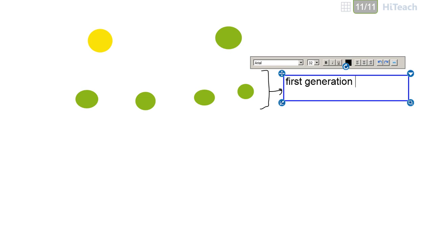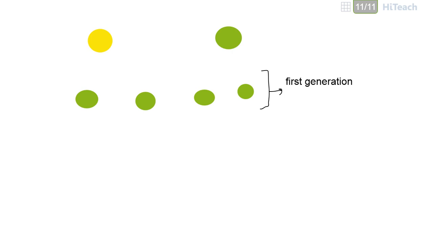What did he find when he took one of these and the other and allowed them to make all the plants, the new generation? Like 3 green and 1 yellow, all of them. They produced this. So the second generation is now produced.